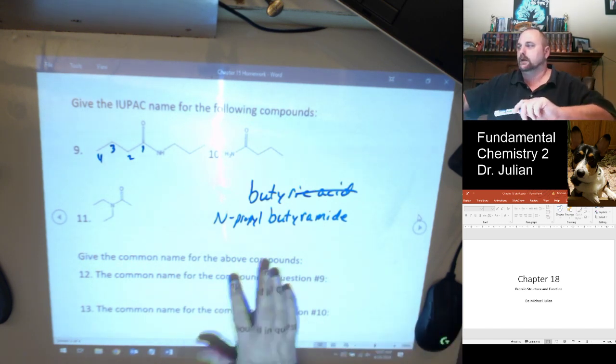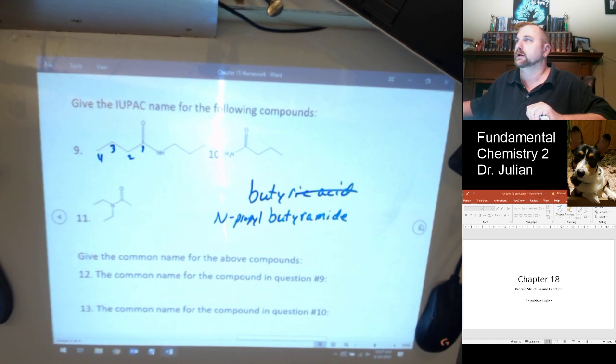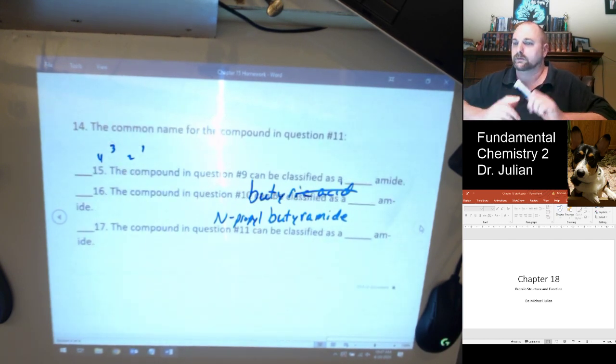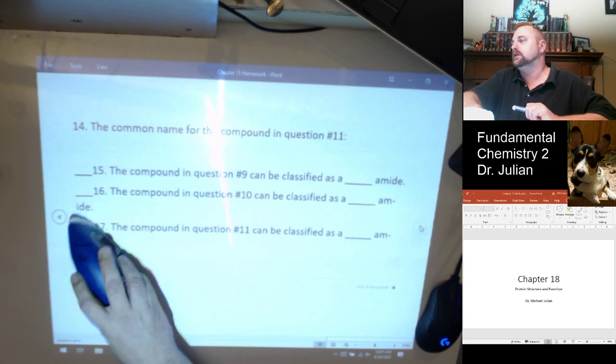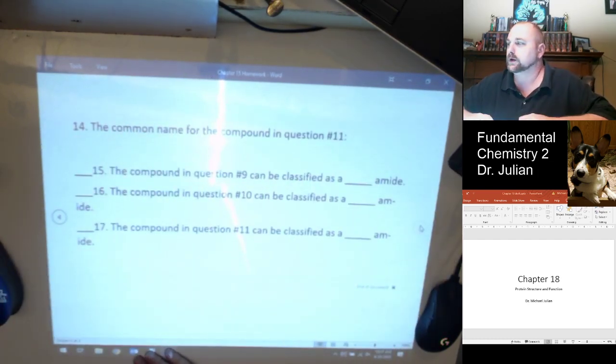So the common name is actually really very similar here to our... sorry, I got wrong mice, wrong everything. So common names are really similar to IUPAC for the amides. Makes it much easier.